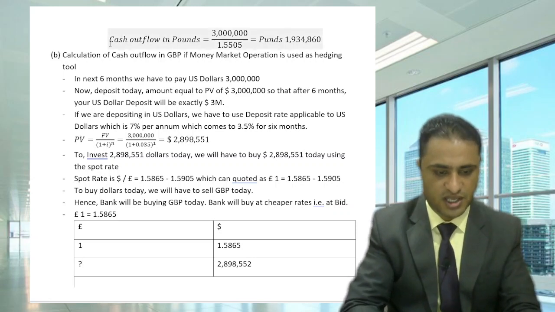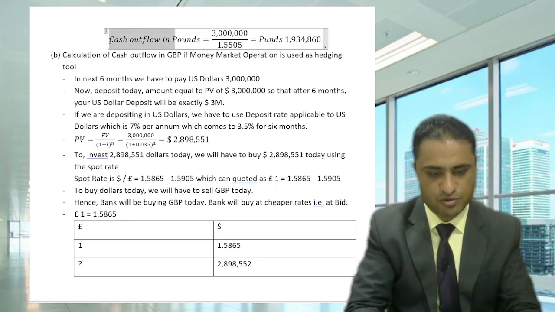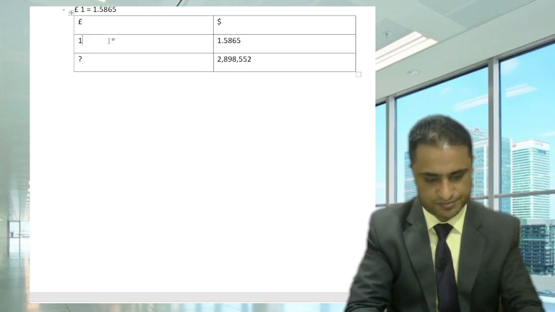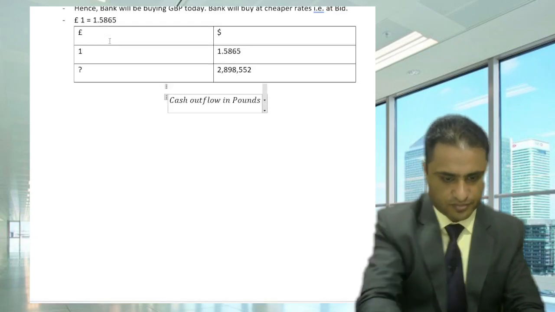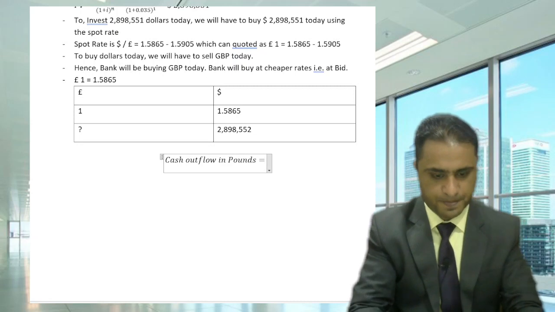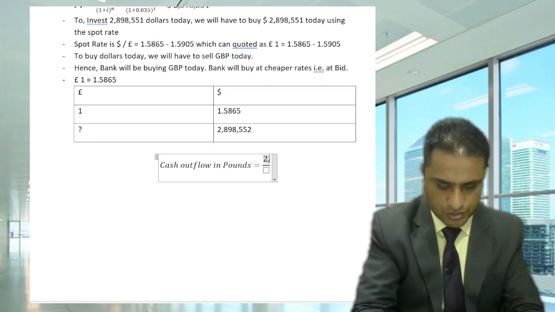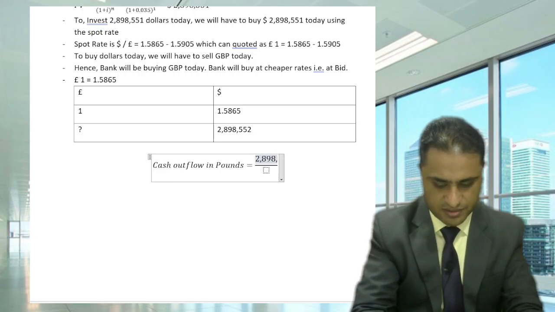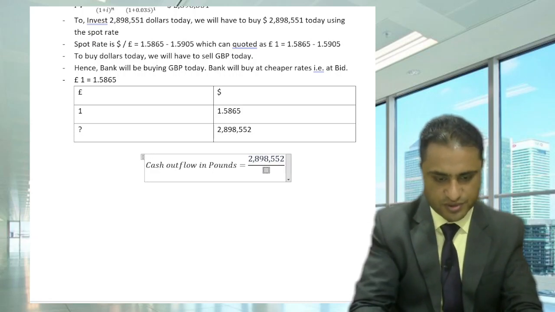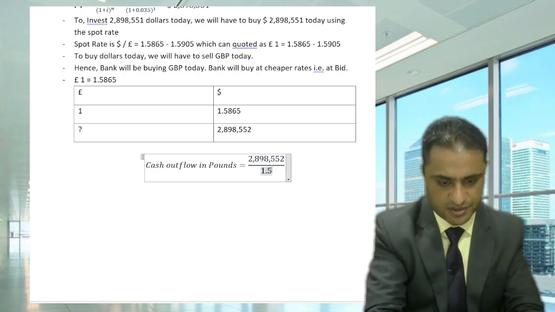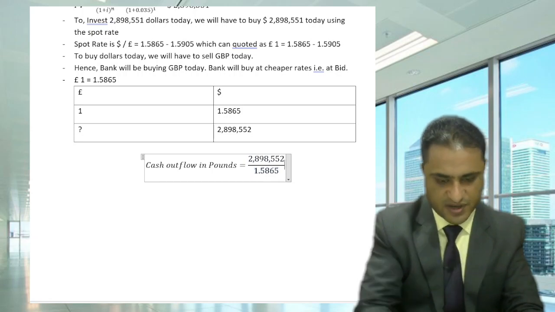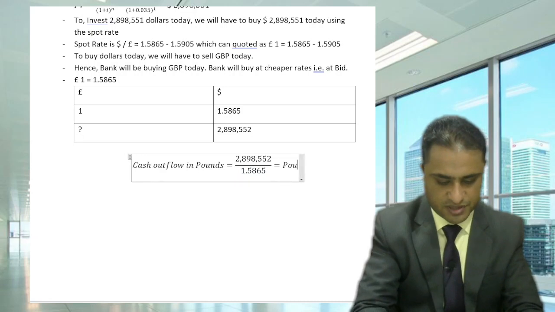So again we get a cash outflow in pounds, which will be 2,898,552 divided by 1.5865, which comes to pounds.